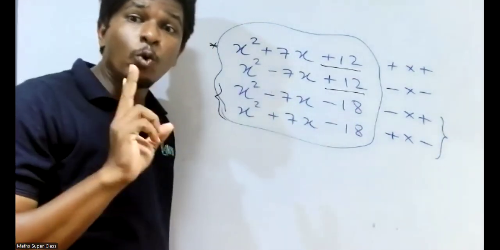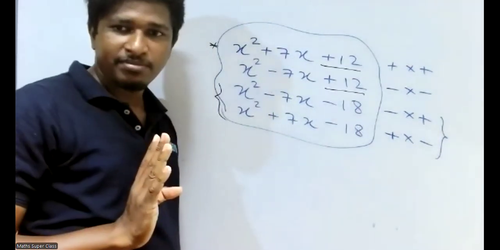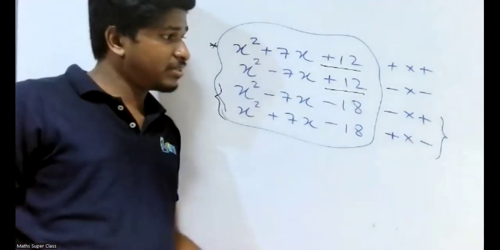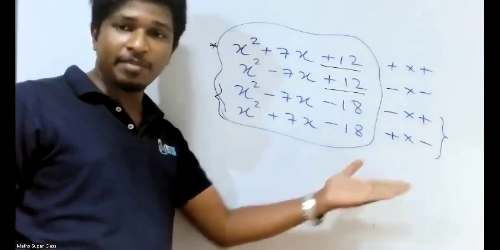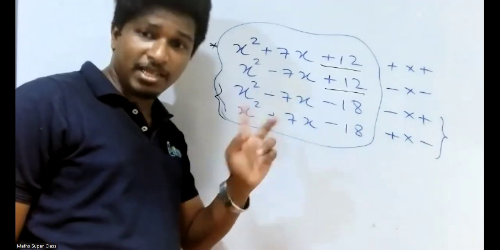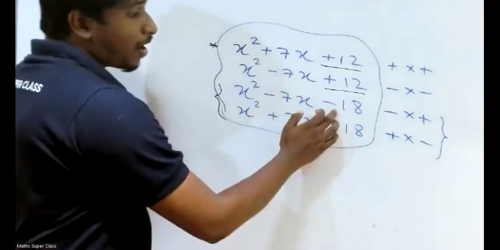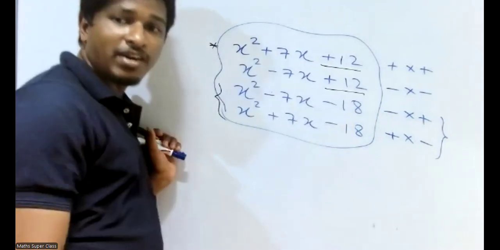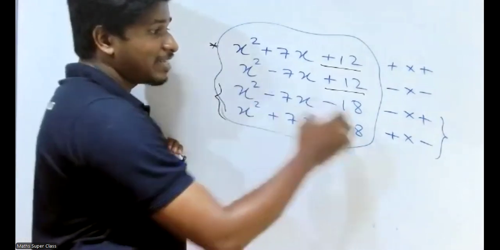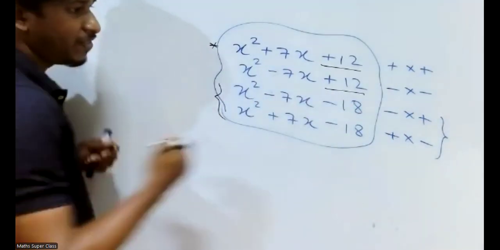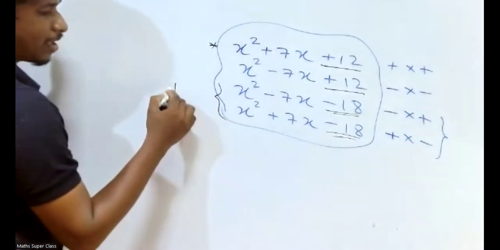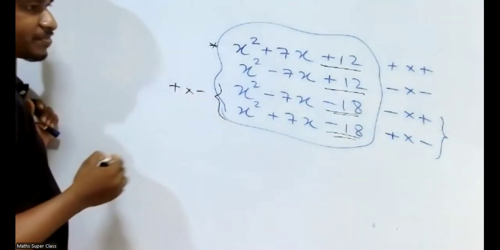If there are two different signs, that means plus and minus, or minus and plus, that is the same. If those two signs are different, plus and minus, this part is minus. If this part is minus, then those signs are plus and minus.